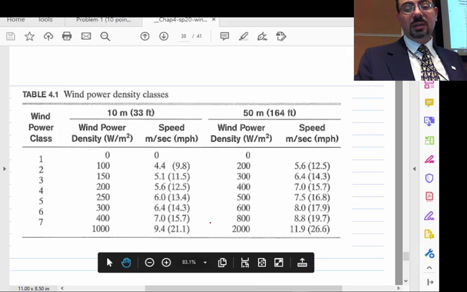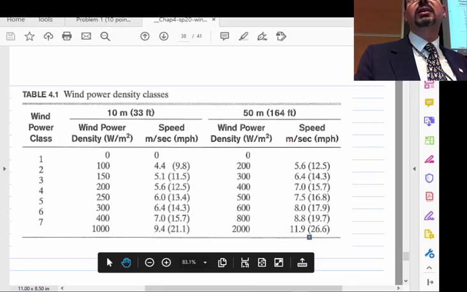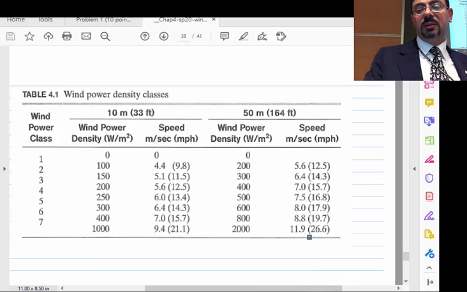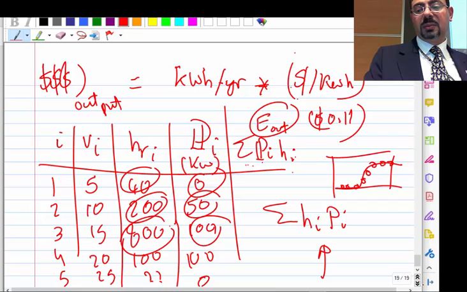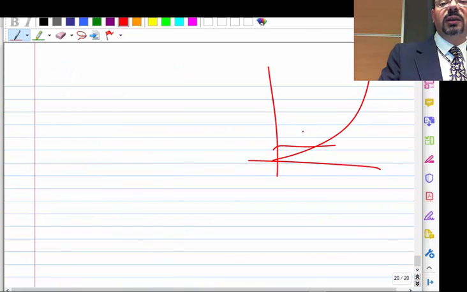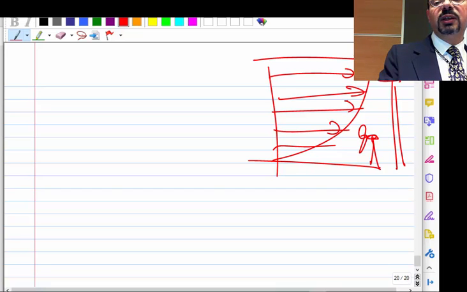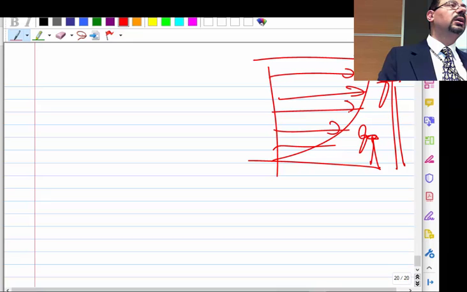Here it could be 9, but you go up and it's 12. So it makes sense to build the turbine higher so that you can benefit from the atmospheric boundary layer. Building it over here will harvest that velocity, and building it over here will harvest that one.